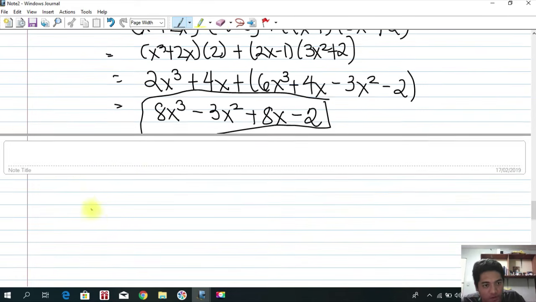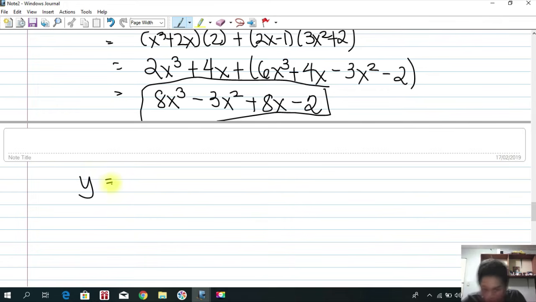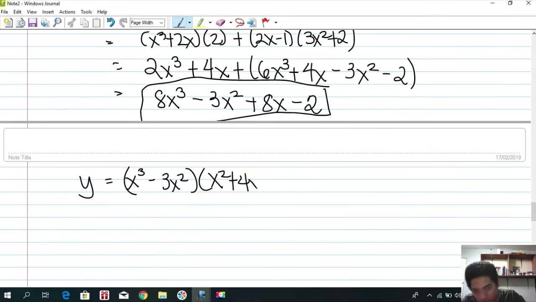So another one, for product rule, we have here the given x cubed minus 3x squared multiplied by x squared plus 4x plus 2. Same concept, we will apply the product rule here.